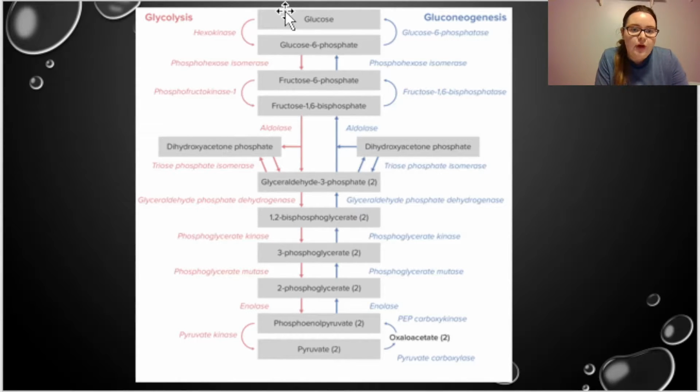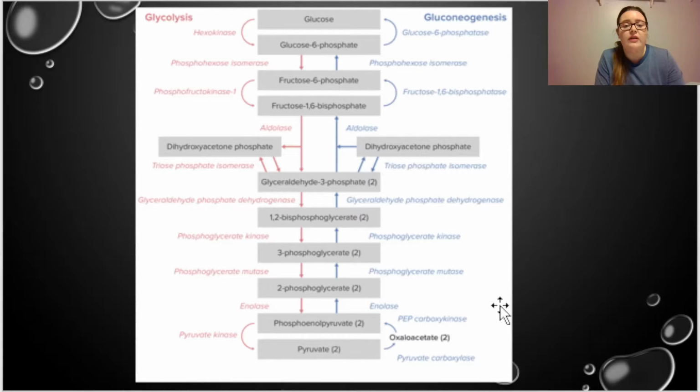These are the specific enzymes that catalyze each reaction until we end up with pyruvate. Aldolase is here in glycolysis to help us go from fructose 1,6-bisphosphate to dihydroxyacetone phosphate, and then to G3P, glyceraldehyde 3-phosphate.